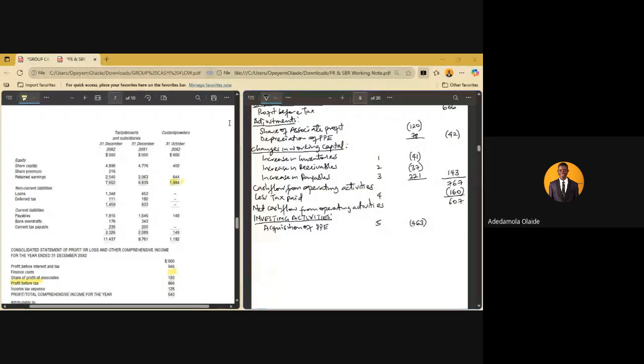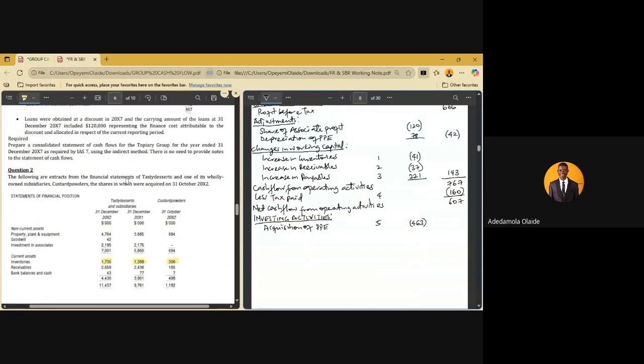If you insist it is right, then I don't have objection. Any which way, let's proceed. Having done that, PPE is sorted, goodwill is sorted.